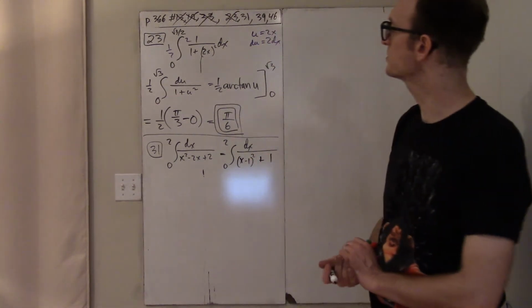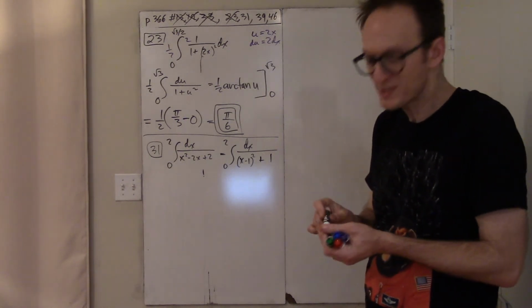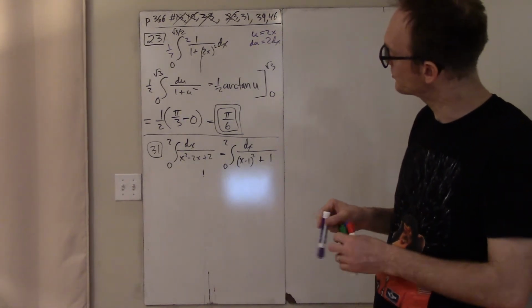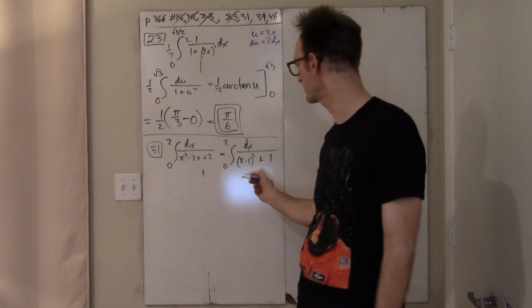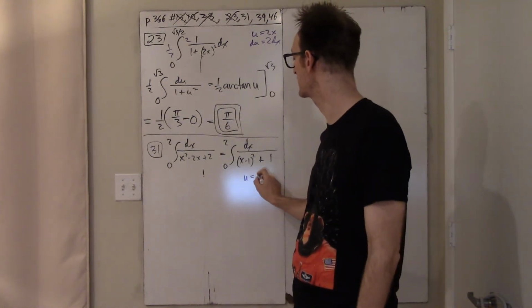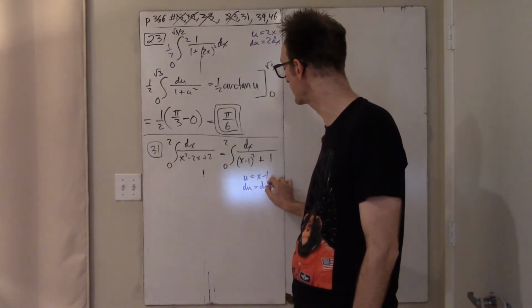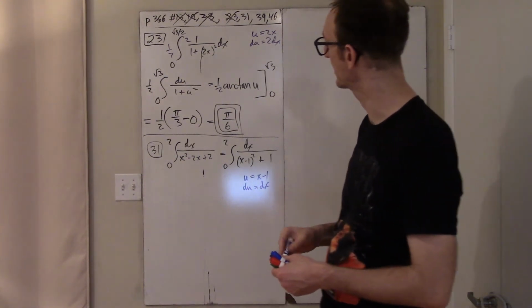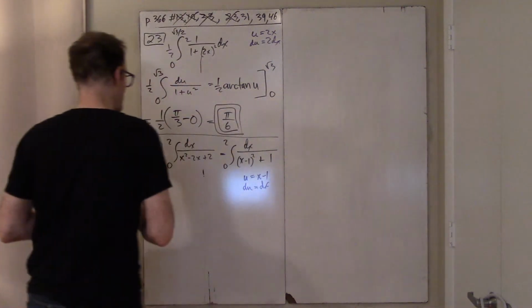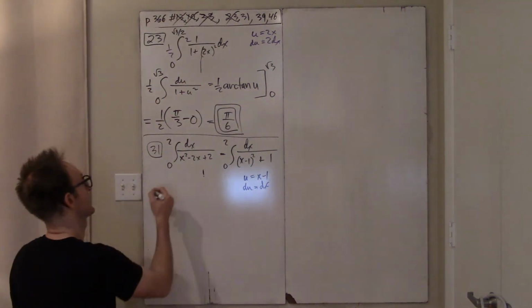Even me, I really want to push integration by substitution because it is just helpful. Let u be x minus 1. Then du is dx. This might seem like a waste of time, but it isn't, because I get simpler things to deal with.